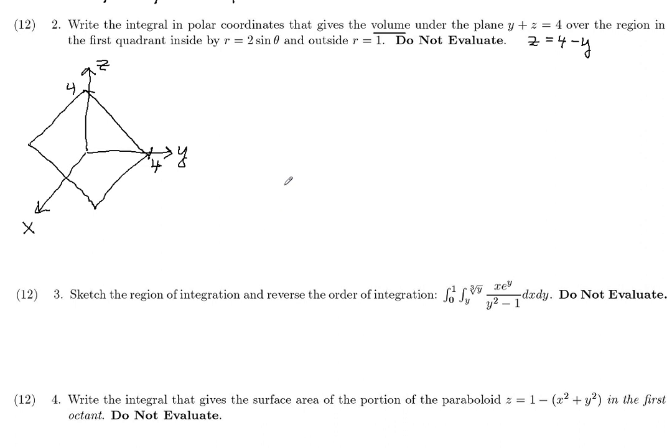And then down below, we want the volume underneath this, but only above the first quadrant region inside these two circles. Well, I'm sorry, outside r equals 1, but inside this circle. So let's sketch that region here. So r equals 1, a circle of radius 1. And this is the xy plane.